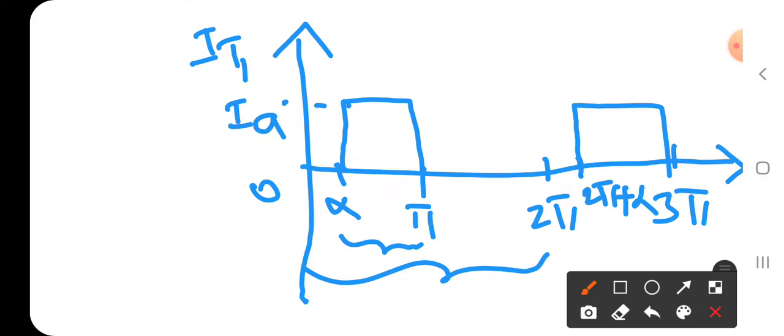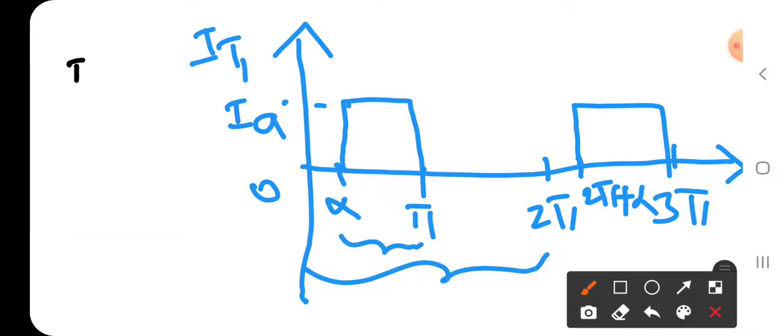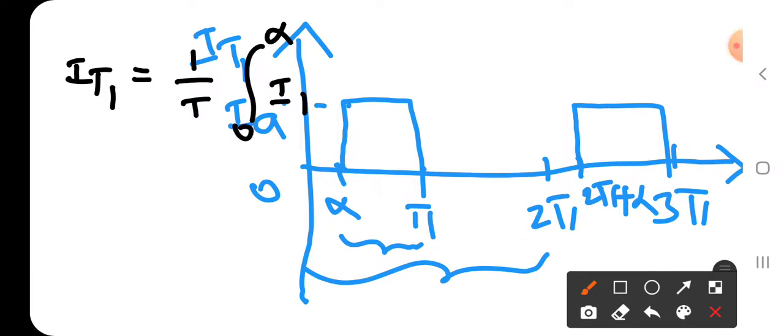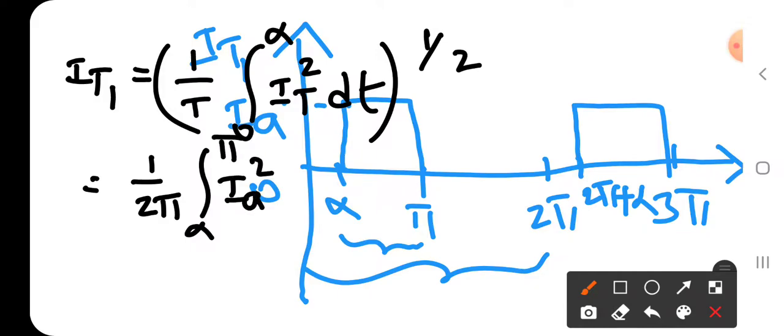So the RMS value of IT1 is 1 by 2 pi integral alpha to pi of IA square dt, whole power half.